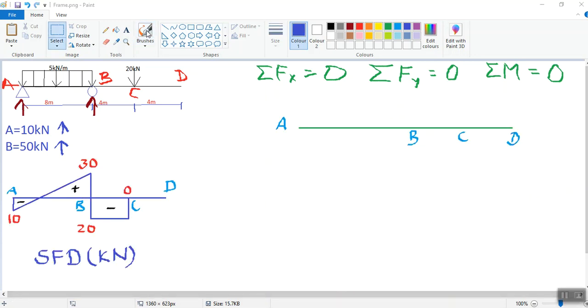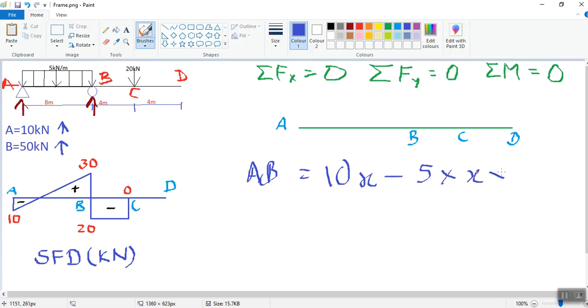Now for bending moment diagram. For span AB, in support A, reaction is 10 kilonewton, so we have bending moment in span AB is 10 times x for distance x minus 5 in downward direction, so minus 5 times x times x by 2 for rectangular center of gravity, which gives us bending moment in span AB 10x minus 2.5 x square.